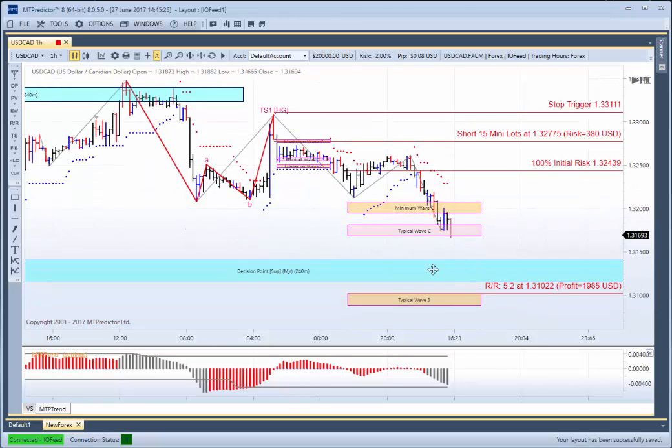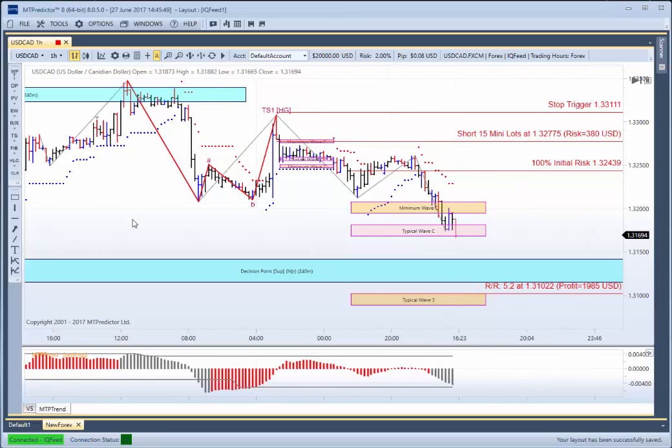Here's your target, which again is in and around or just ever so slightly below your 4-hourly support zone. But the point being is this sell setup here was in the direction of the 4-hourly down trend, in other words in the direction of the large degree downtrend. MTP trend on this 1-hourly chart was down as well. So it's an example of two particular trade setups unfolding.